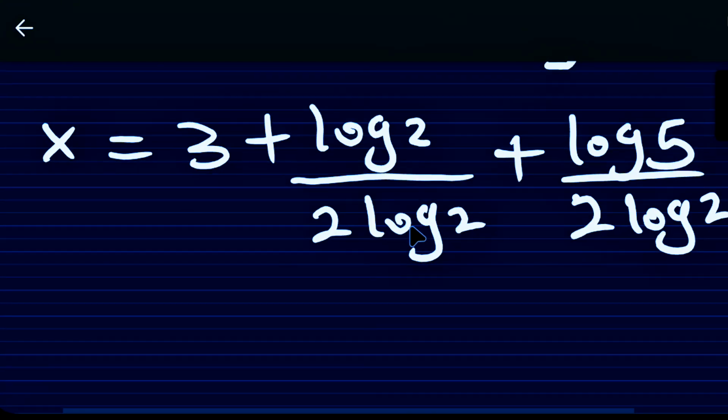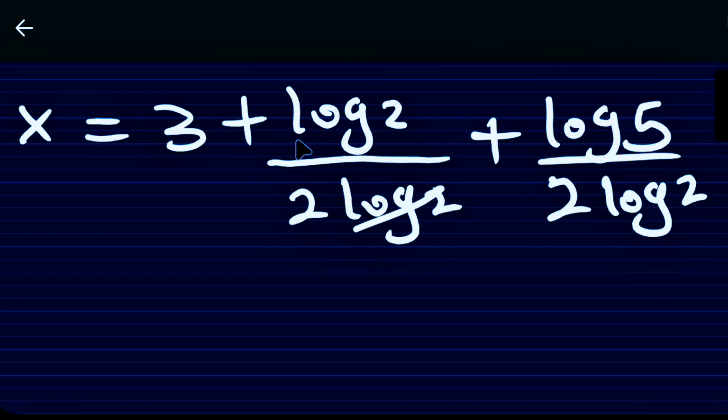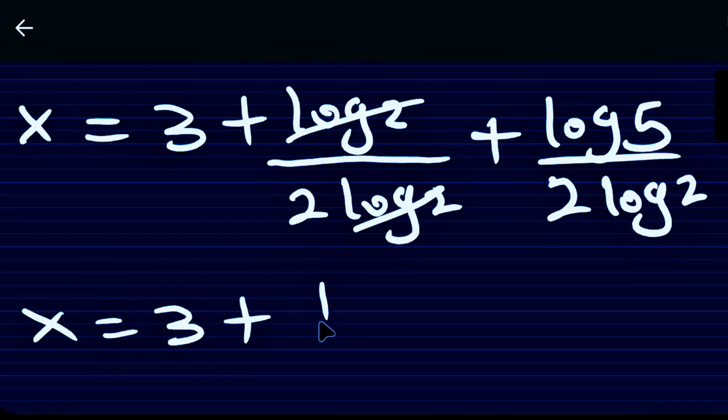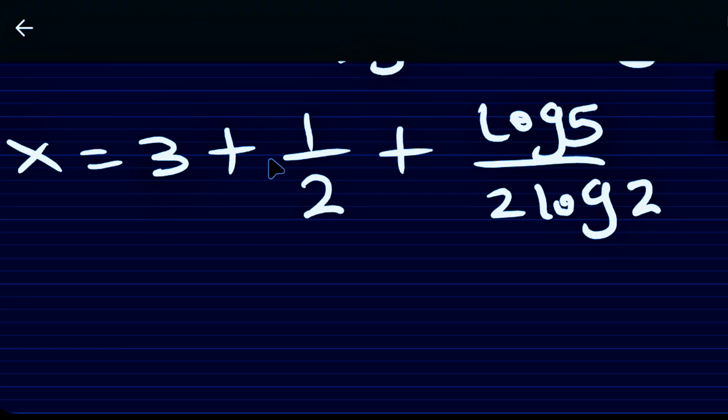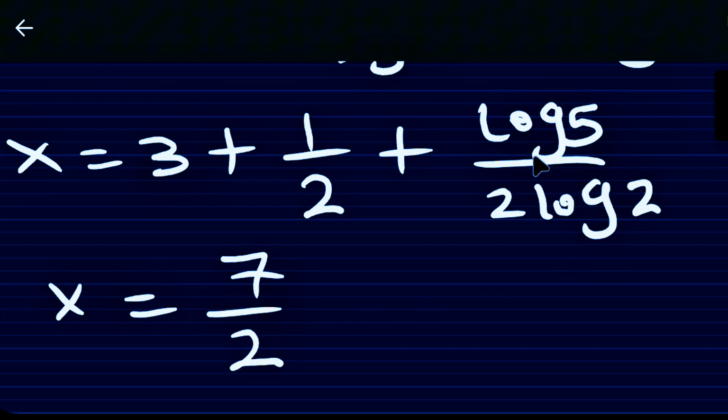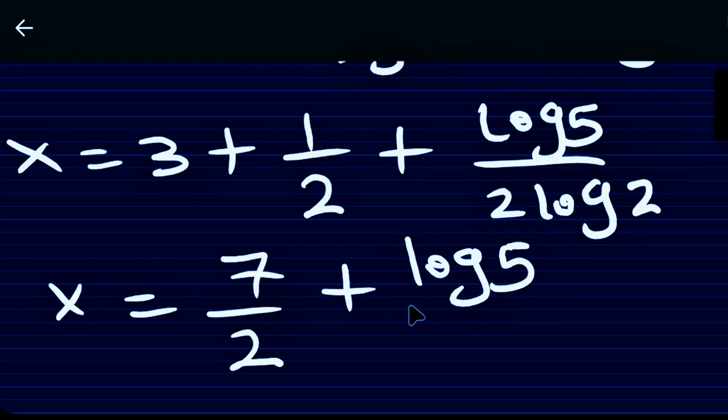Okay, so from here, this log 2 will divide this log 2, and we have x equal to (3 + 1) divided by 2, then plus log 5 divided by 2 log 2. Okay, now if we simplify 3 plus 1 divided by 2, we are going to have that as 7 divided by 2. Okay, now from here, plus log 5 divided by 2 log 2.